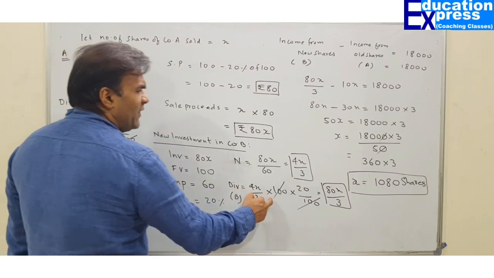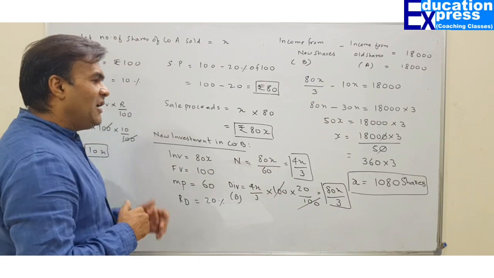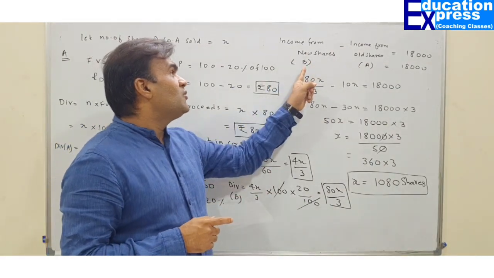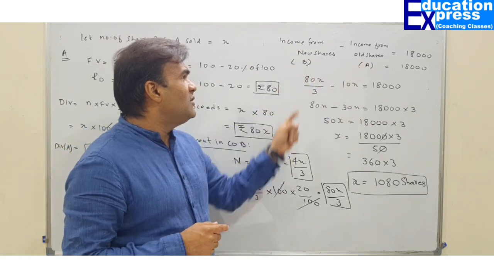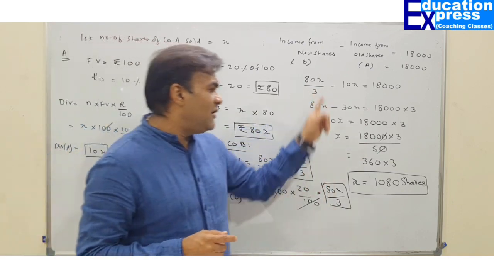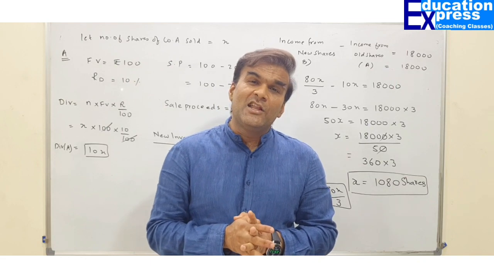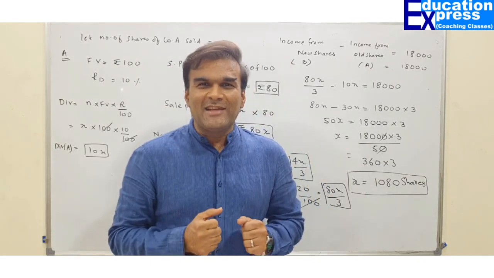Dividend, number of shares, face value, rate upon 100. I got to know the dividend from company B is 80x upon 3. Since we know for a fact that income from new shares, that means B shares, minus income from A shares is 18,000. Solve the equation and we get the value of x, that is the number of shares sold. This is how we do it. Let's move on to the next sum.